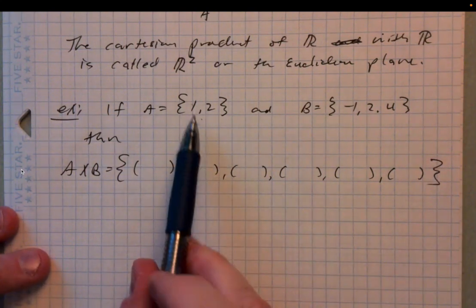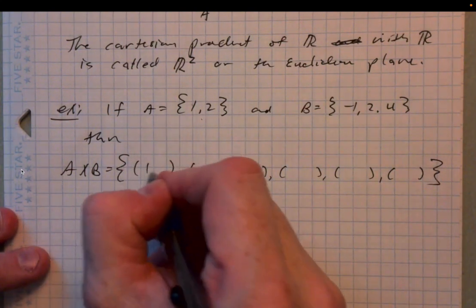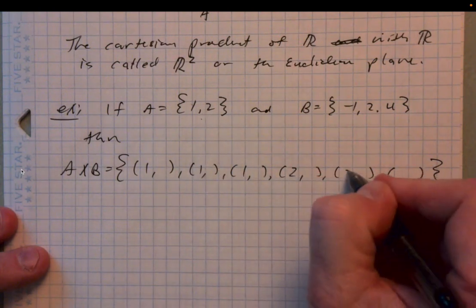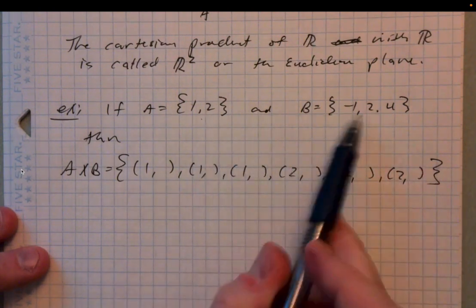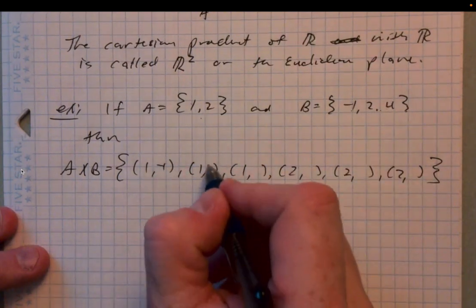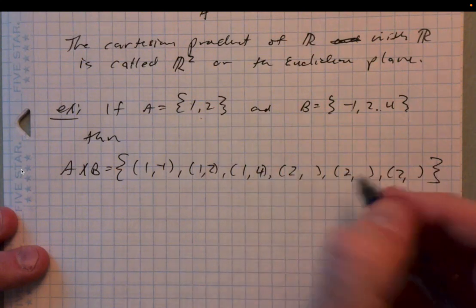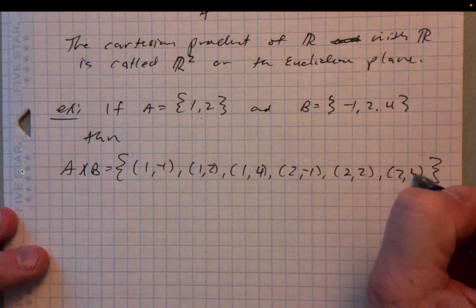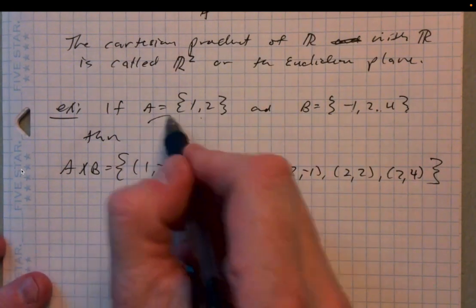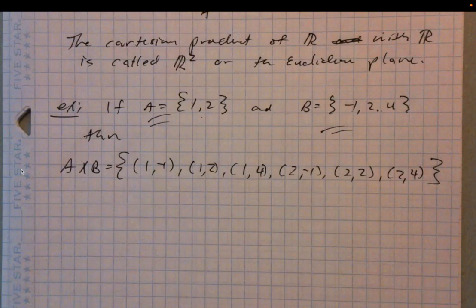Okay, half of them are going to start with a 1, and the other half will start with a 2. Okay, and then for everything that starts with a 1, you'll have these. So -1, 2, and 4, -1, 2, and 4. So this would be the Cartesian product of these two simple sets, A and B.